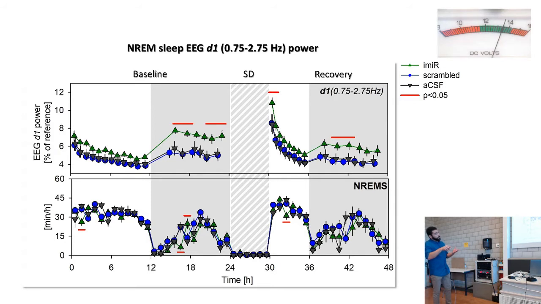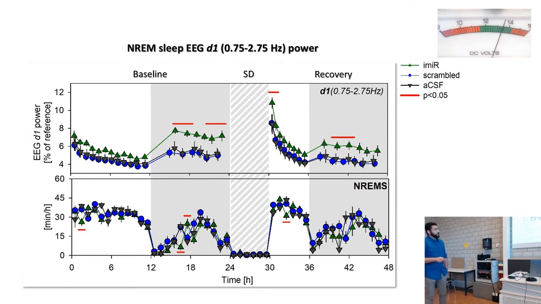However, the difference in EEG delta power becomes significant only during the dark period, where mice are spontaneously awake, or after forced wakefulness, so after the 6 hours of sleep deprivation, which for us means that 709 might link what happens during wakefulness with the processes that happen during sleep, the recovery processes during sleep.